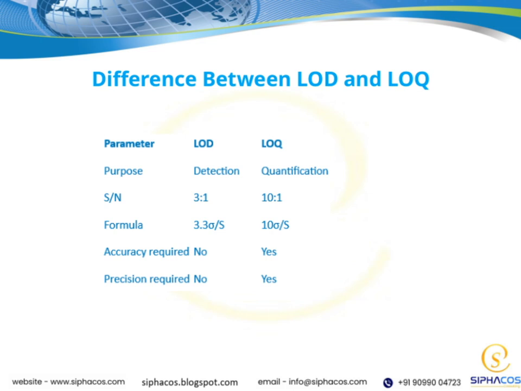On the other hand, LOQ, or limit of quantification, is the smallest amount that we can measure with acceptable accuracy and precision. Think of LOQ as the point where our measurements are not just detectable, but also reliable for reporting. Recognizing this distinction helps ensure we interpret our data correctly and maintain the integrity of our analysis. It ties back to our overall goal of achieving accurate, dependable results in our testing processes.